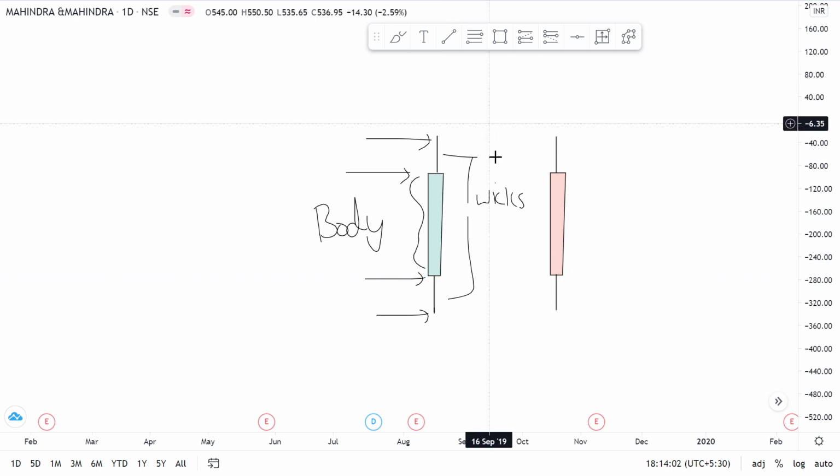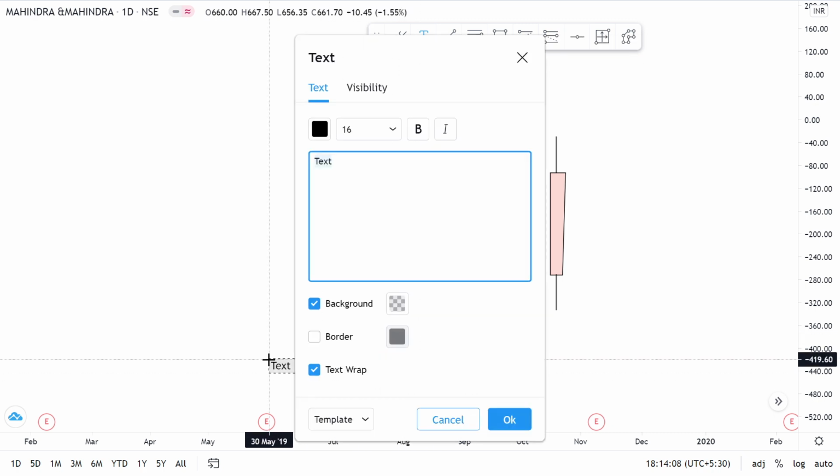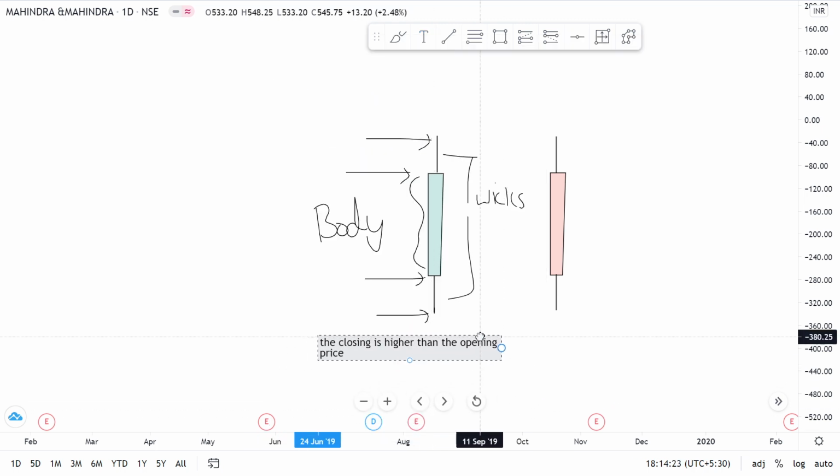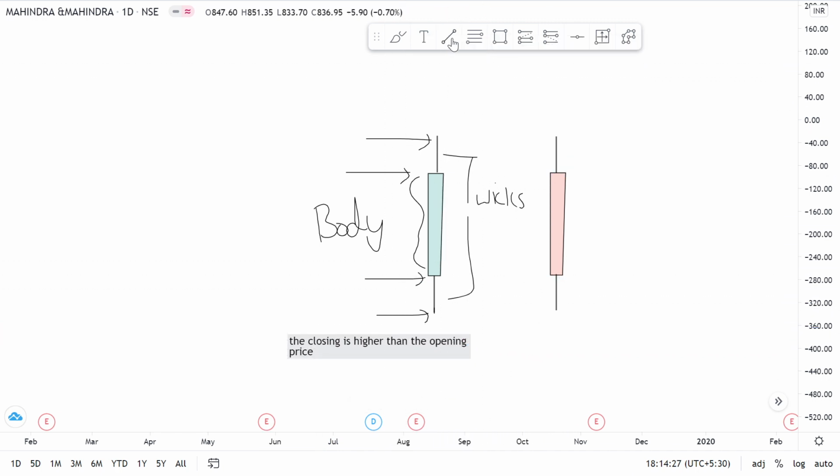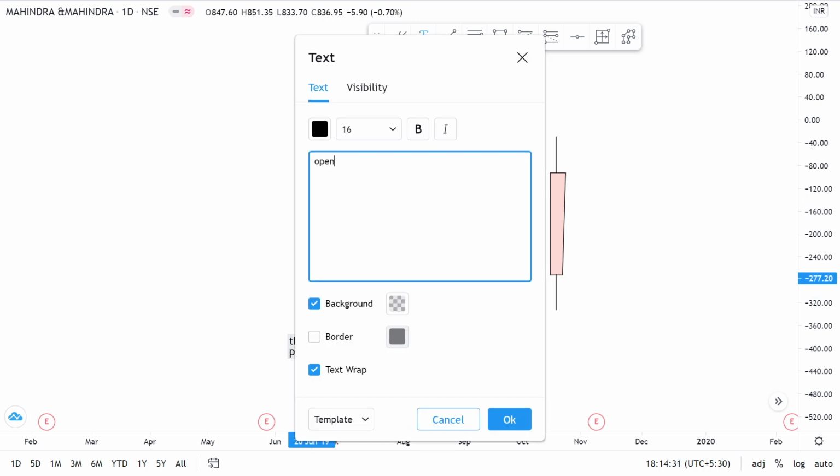A green candlestick represents that the closing is higher than the opening price, and vice versa for the red one. So what this means is, at this starting point of the body, this point right here is the opening price.